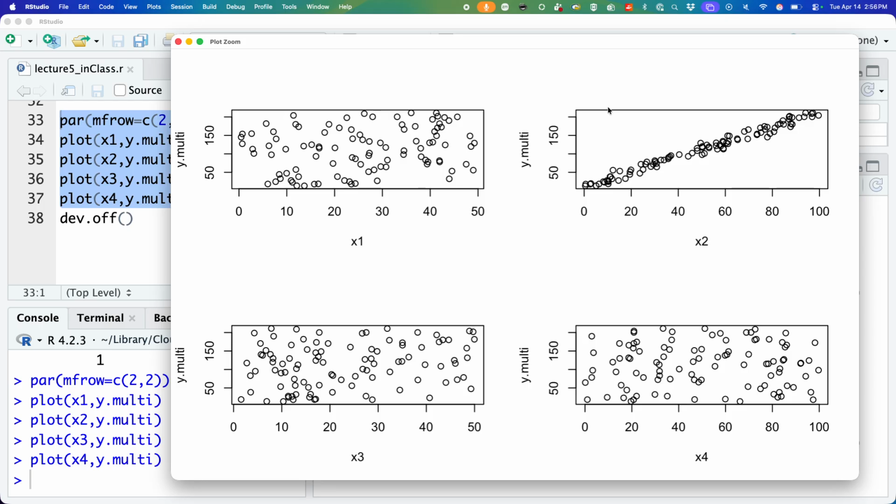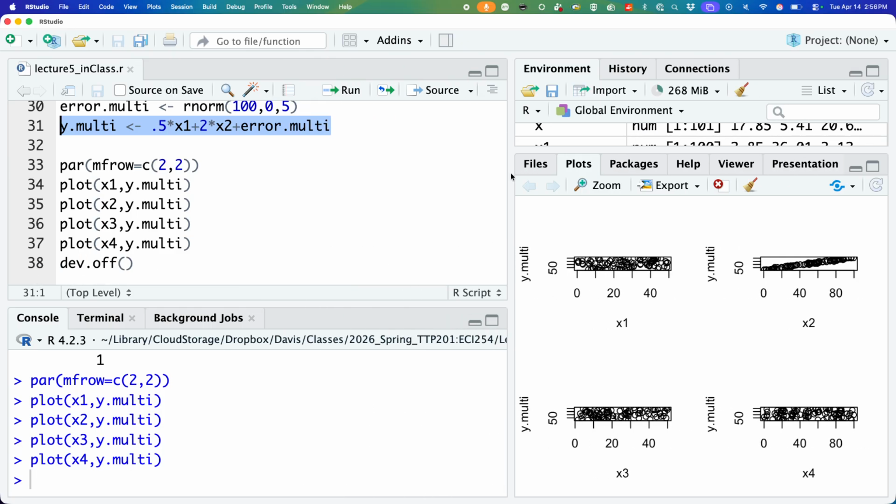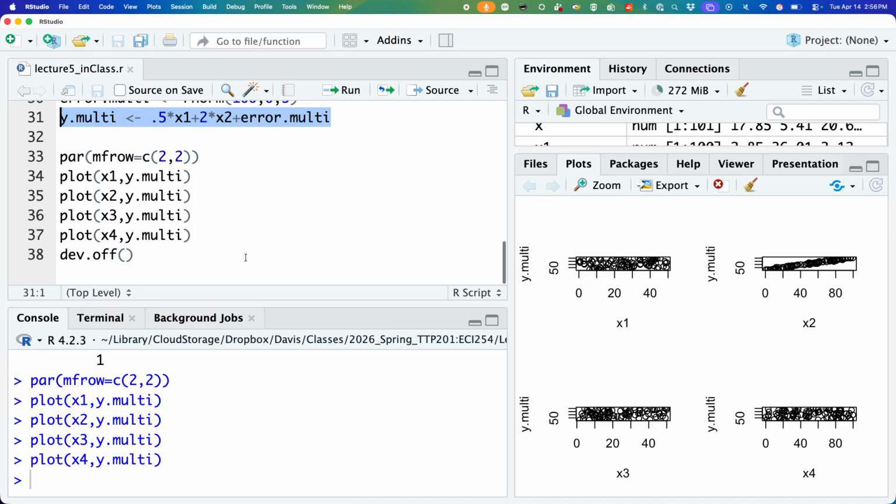And that's reasonable. What variables actually are correlated to y? x1 and x2, right? Because we said that right here: y multi is 0.5 times x1 plus 2 times x2.